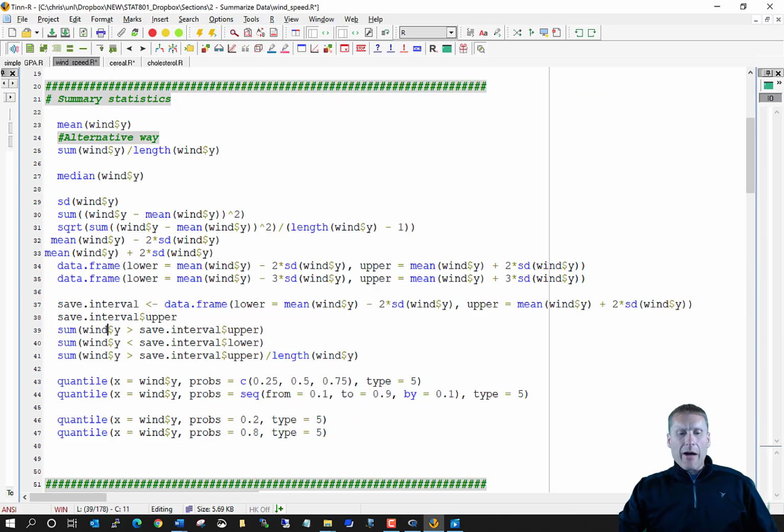Let's look at how many actual values are outside of this range that we got. Again, the rule of thumb says pretty much all should be within 2 or maybe 3 standard deviations. Let's actually calculate how many are. So what I can do is a logical comparison.